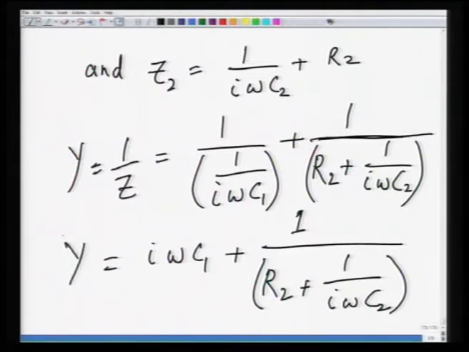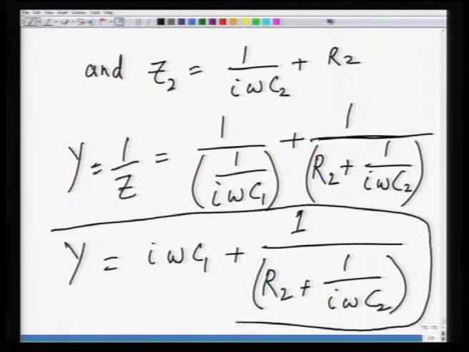Okay. So, this is the expression for admittance that we get just by putting the two impedances together.